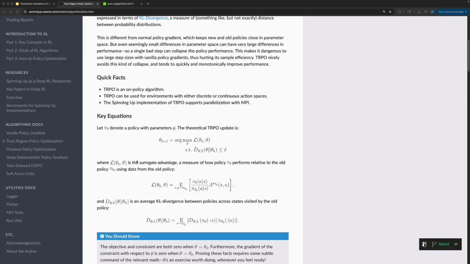So let's go through the paper to see how we arrive at this update.